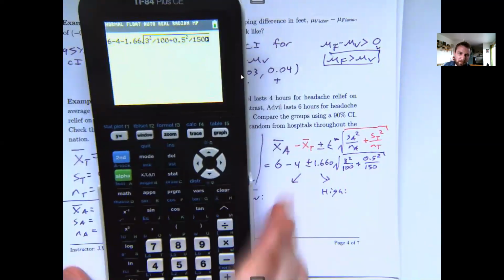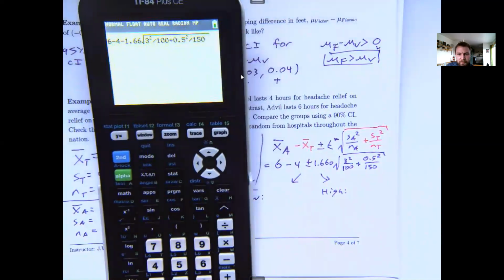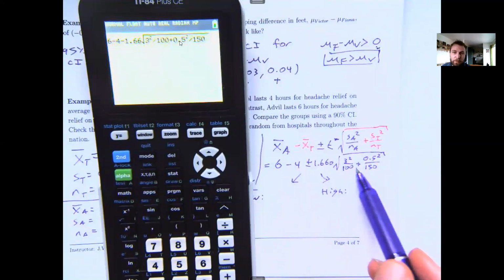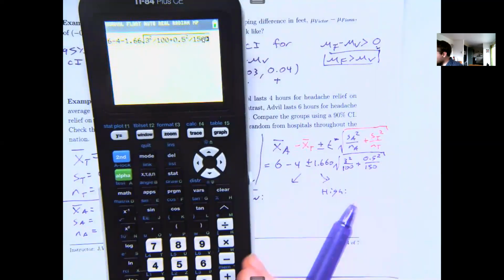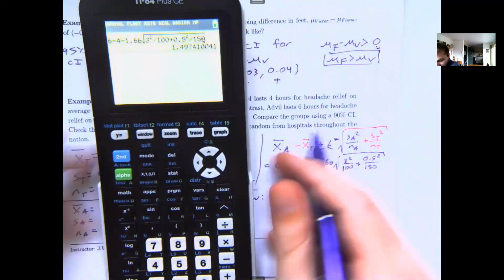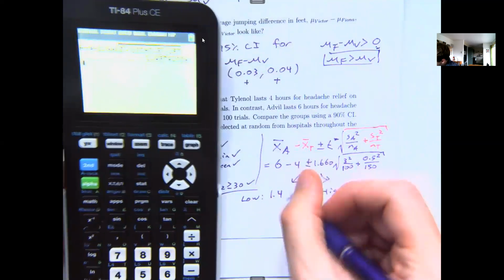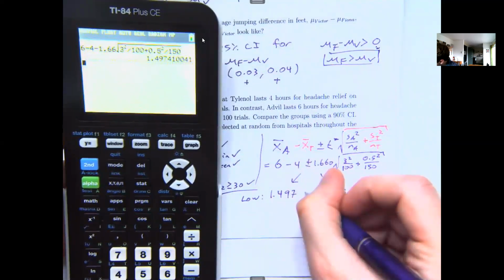So for example, that's a little hard to see, but 6 minus 4 minus 1.660 square root 3 squared over 100 plus 0.5 squared over 150. I'm almost writing in no parentheses at all, and it's still doing it for me just fine.